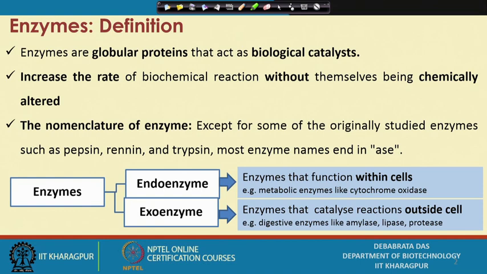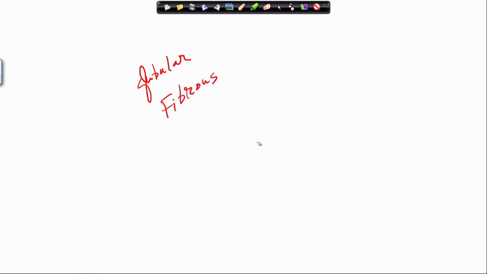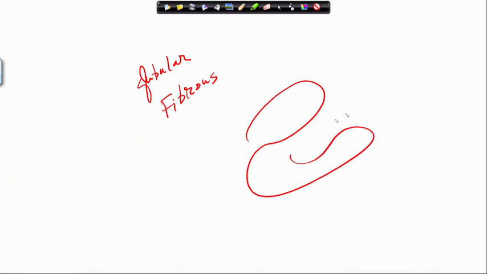Now, what do you mean by globular protein? If you look at the structure of proteins, it is of two types. One is globular protein and the other is fibrous protein. What is a globular protein? It is randomly folded, like this.